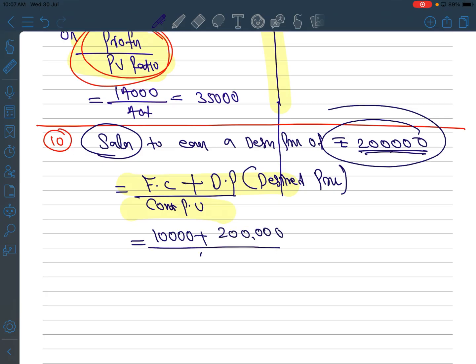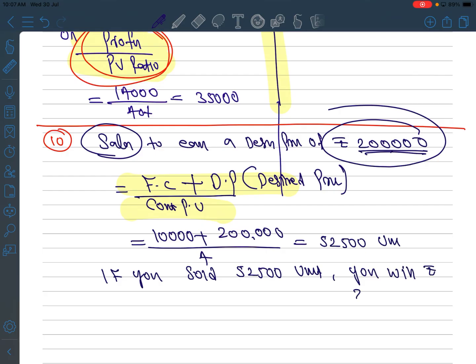Divided by contribution per unit, which is 4. 2 lakh 10,000 divided by 4 is 52,500. What does it mean? If you sell 52,500 units of calculators, then you will get rupees 2 lakh as profit.